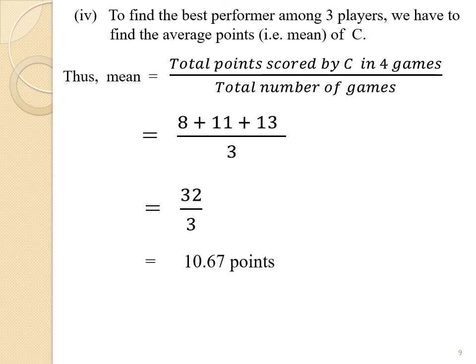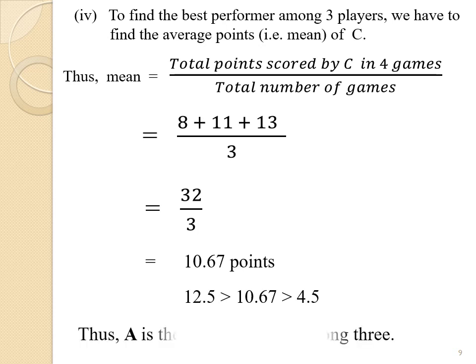By observing the average points scored by A, which is 12.5, which is more than the average points scored by B and C, thus, we can say that A is the best performer amongst the 3.